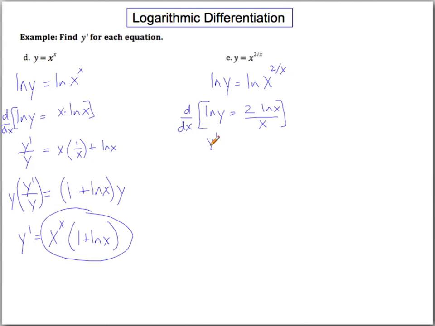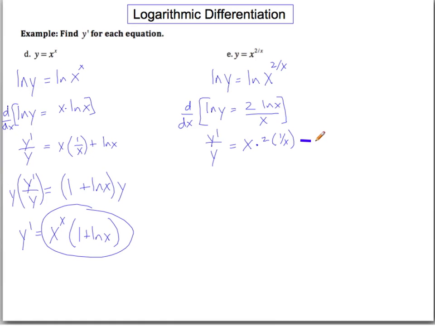Okay, so we have y prime over y equals, and now we have to use the quotient rule. So it's the low function times the derivative of the high, which is going to be 2 times 1 over x. The high function times the derivative of the low, which is just 1, all over low squared.